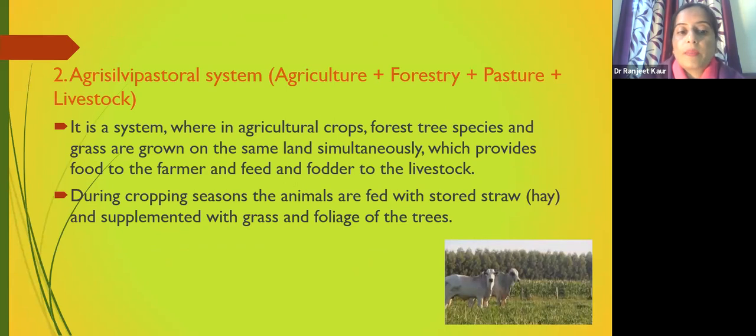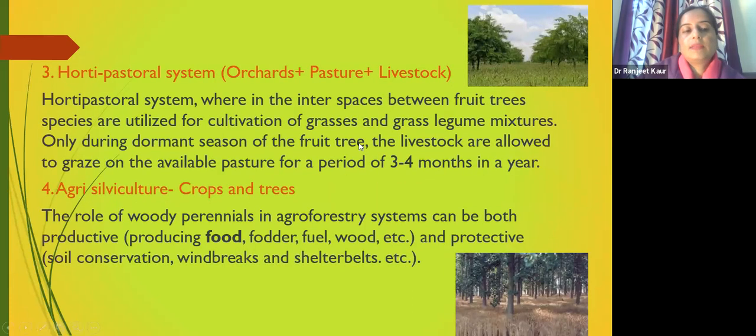During the cropping season, the animals are fed with stored straw and supplemented with grass and foliage of the trees. Then we come to the hortipastoral system, where fruit trees are grown along with the crops and livestock. That means the interspaces between fruit tree species are utilized for cultivation of grasses and grass legume mixtures.